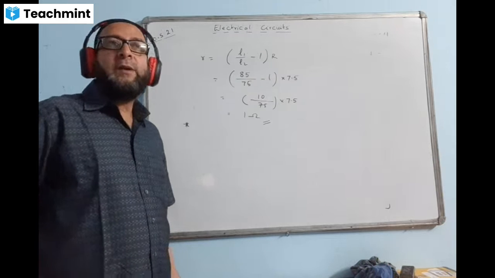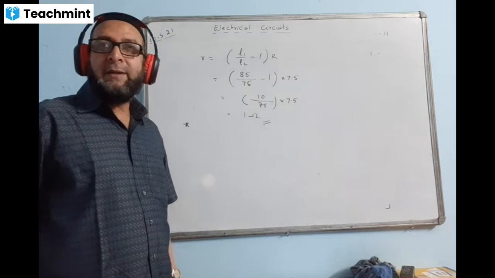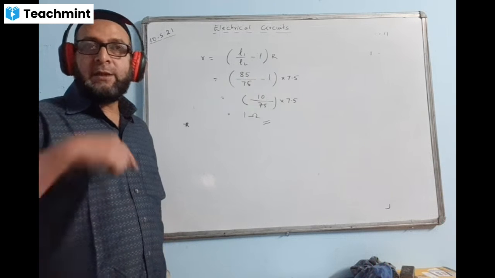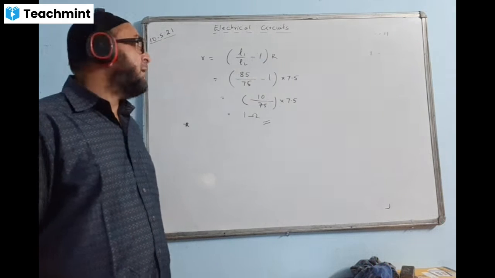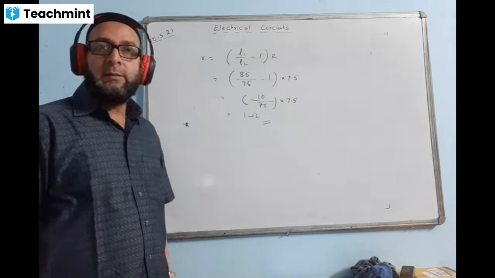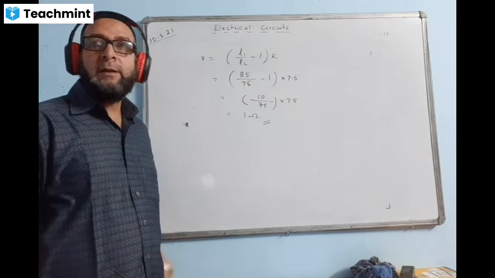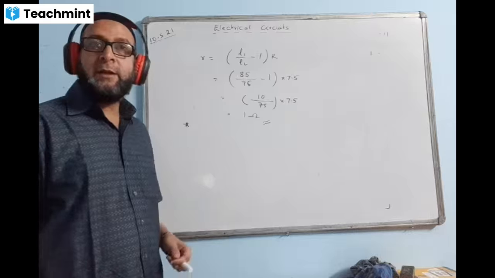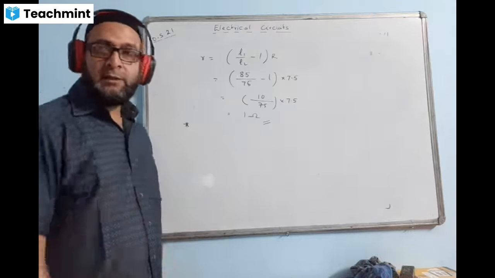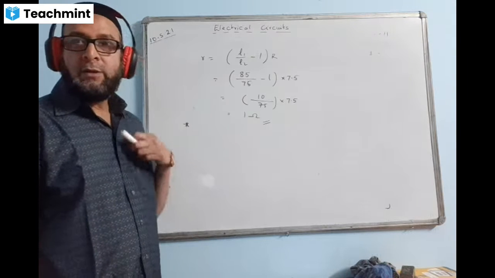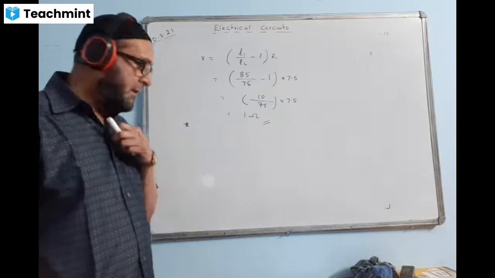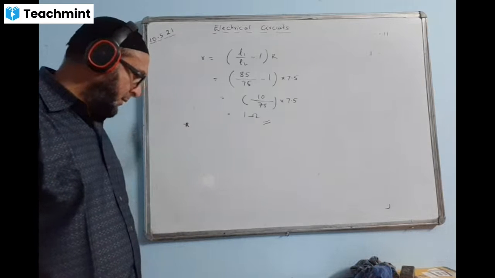If they ask you to suggest one method, how can you increase the sensitivity? We can suggest any one of these methods, by increasing the current or by reducing the potential gradient. That is a better answer, or by increasing the length of the wire, because potential gradient will decrease when we have the larger length of the wire. So these are the methods of increasing the sensitivity of the potentiometer wire.